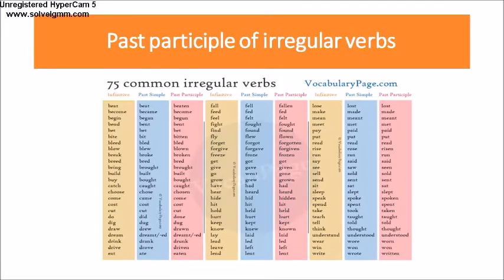So, for instance, the verb fall has the following forms. The basic form, fall, the past form, fell, the past participle form, fallen. The verb do has the following forms. The basic form, do, the past form, did, and the past participle form, done. So, this is how you have to learn the forms by heart.